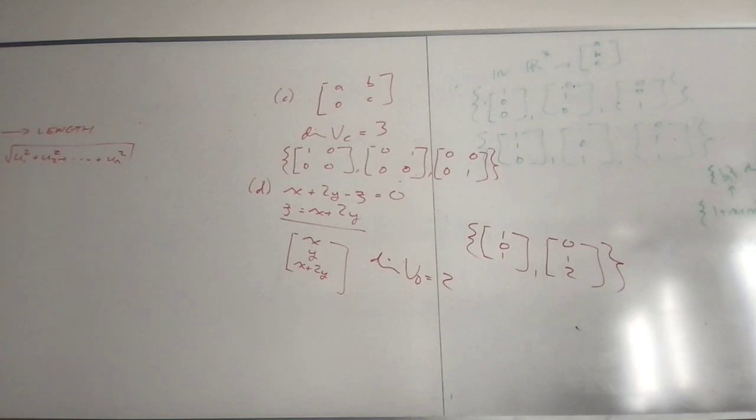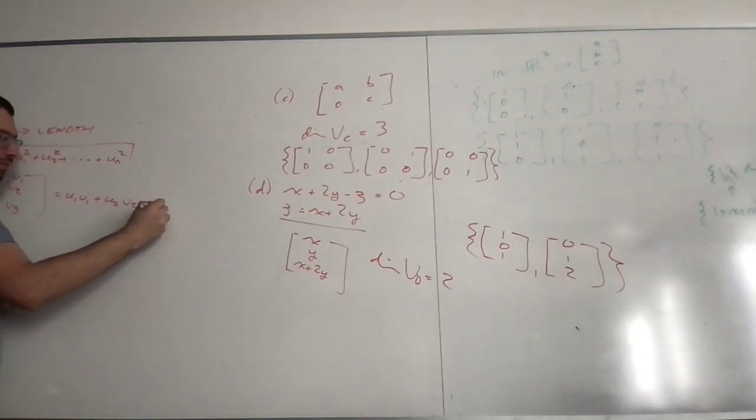Dot product. Say that I have vectors u1, u2, u3, and I want to dot that with v1, v2, v3. How do I do that? V1 times u1 plus v2 times u2 plus v3 times u3.